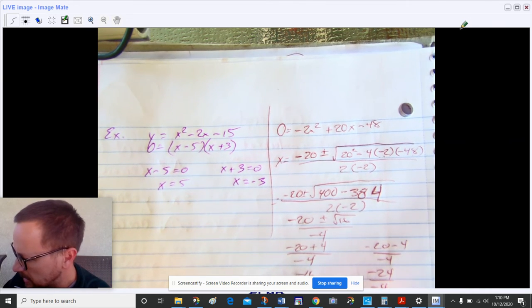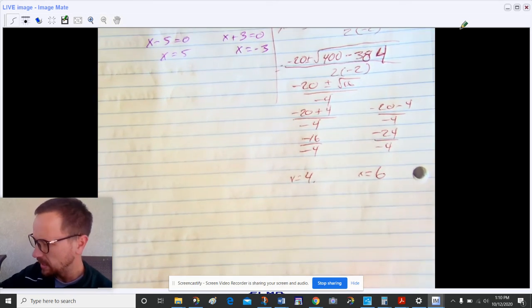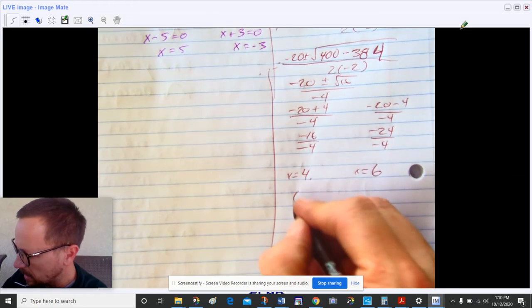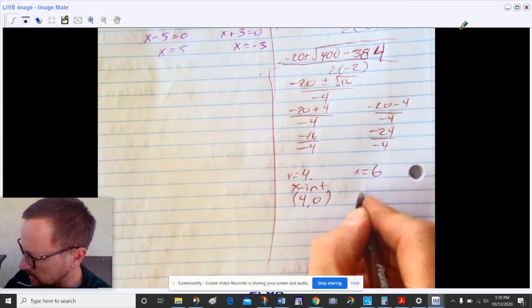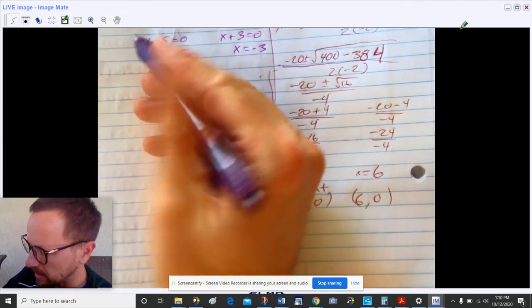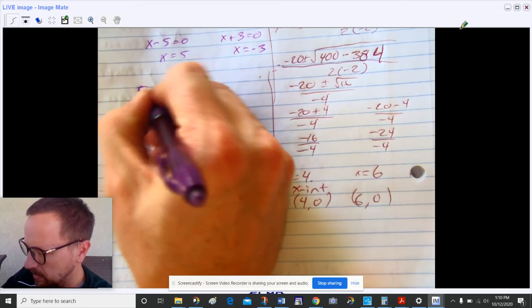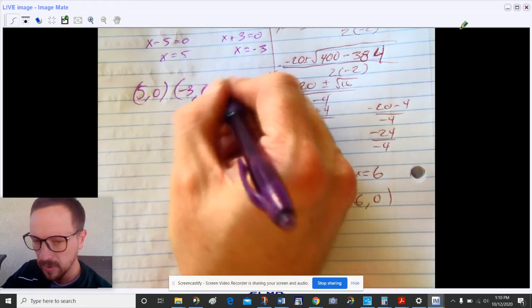And so we get x equals 4 and x equals 6. So our x-intercepts are 4 comma 0 and 6 comma 0. Over here, our x-intercepts are 5 comma 0 and negative 3 comma 0.